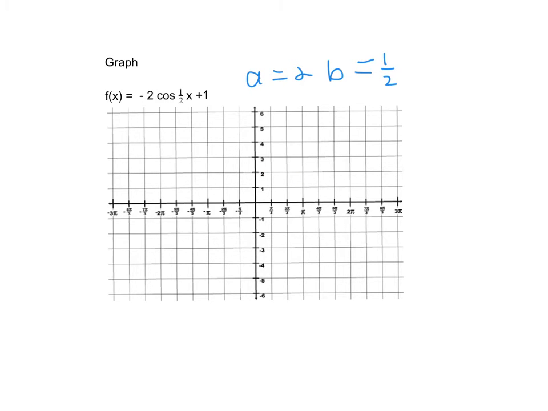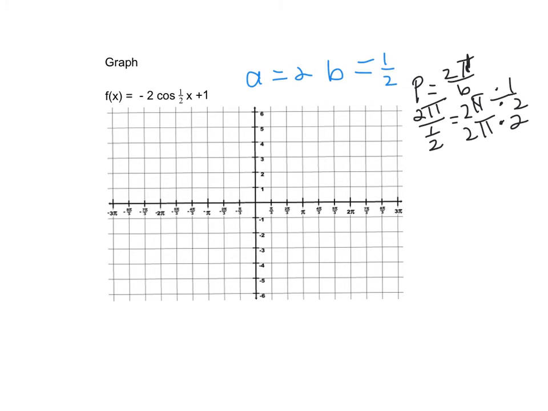All right, so we need to find the intervals, which means I need to find the period. So the period is 2 pi over b. That would be 2 pi over 1/2, which really just means 2 pi divided by 1/2, which means 2 pi times 2, keep, change, flip, which is 4 pi.